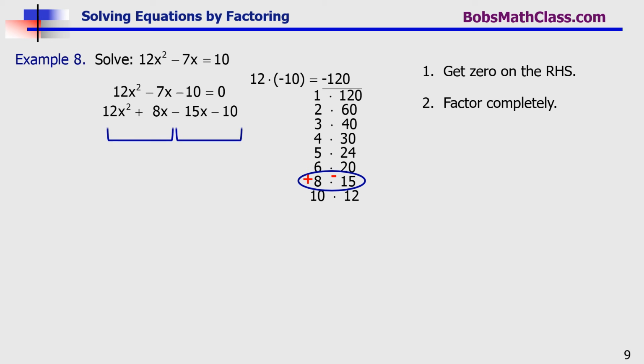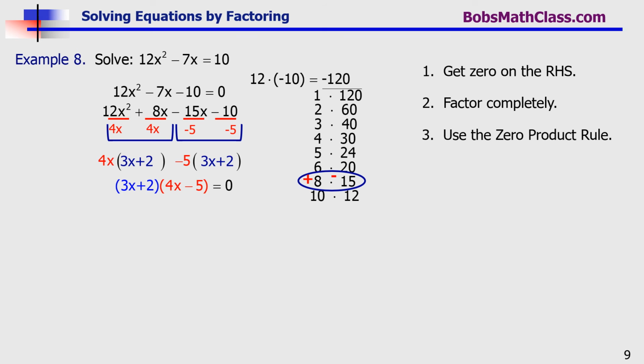Factor out 4x from the first pair. And how about the second pair? Right, negative 5. And the two binomials inside the parentheses match, so that's good. 3x plus 2 times 4x minus 5.